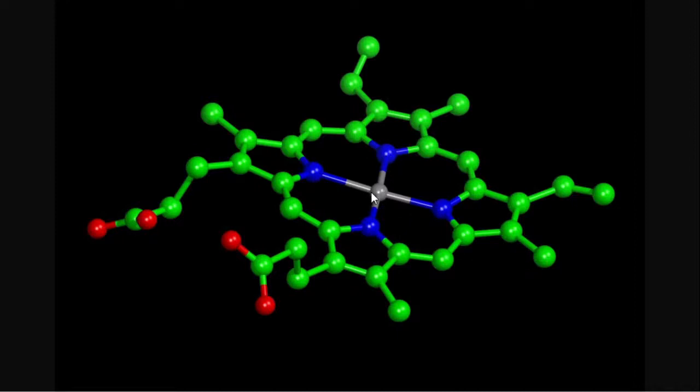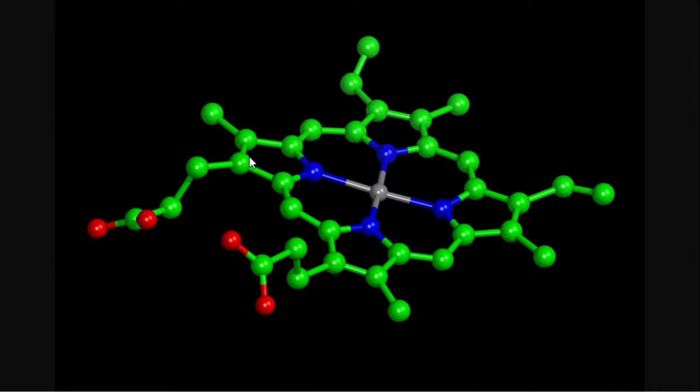Inside is an atom of iron with coordination number 6. So 4 bonds for nitrogen, 2 covalent, 2 coordinate, and 2 more bonds, 1 for oxygen and 1 for a residue of histidine from the protein part. Each subunit of hemoglobin, there are 4 subunits in hemoglobin, combines with this structure.